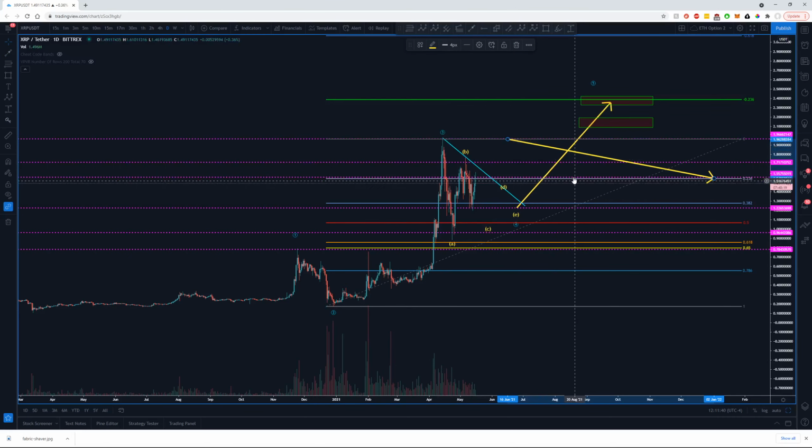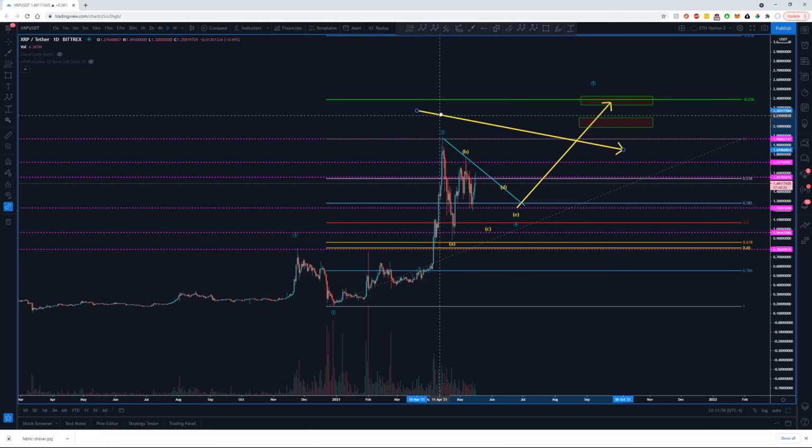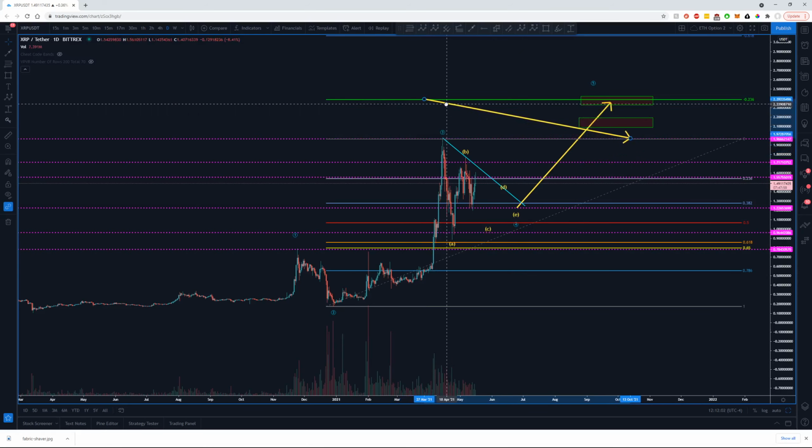We would lose 23.6% of this entire move to get back down to this 0.236. It's essentially the exact same thing with the negative values on the other side, but just flipped. So whereas this is 0.236 downwards, this would be a negative move of this exact same amount. If I took this yellow arrow and just flipped it on top of the Fibonacci retracement here, you can see it's the exact same length.